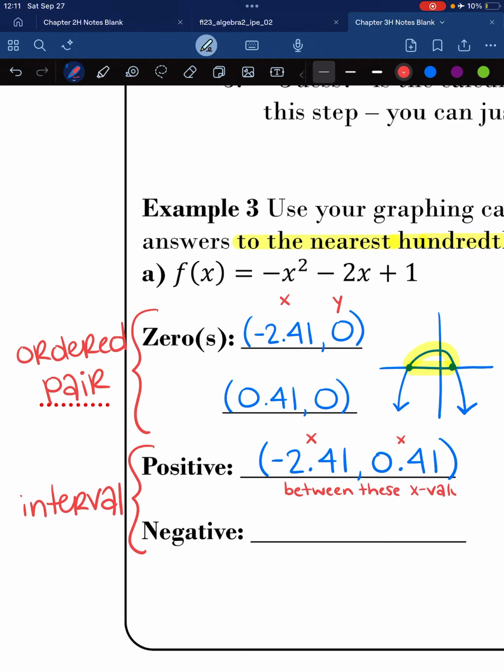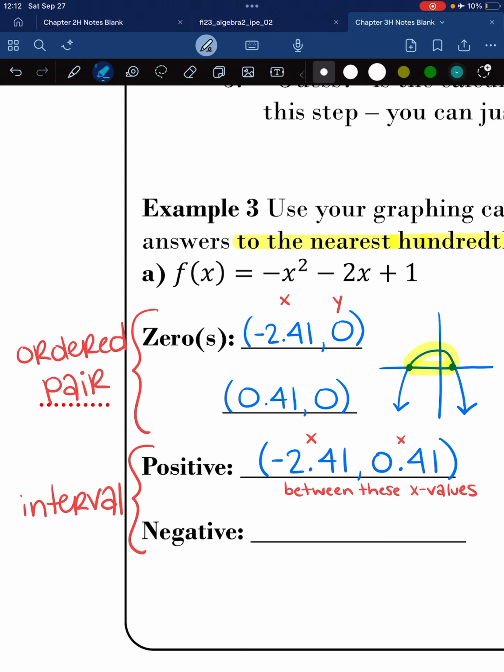And even though it looks like an ordered pair, because I know the question is positive interval and negative interval, I know that this is an interval, and I know that the zeros are talking about an x coordinate and a y coordinate, or they're an ordered pair.